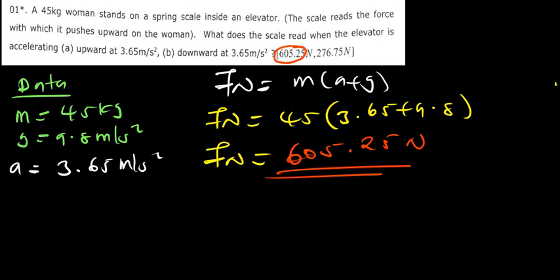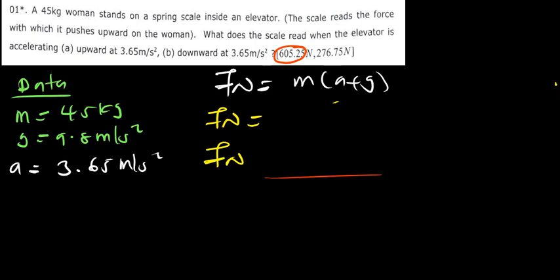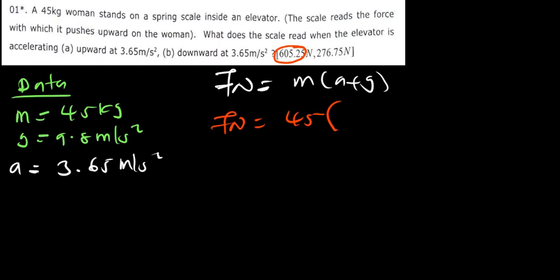Then now part B is saying, what does the scale read when the elevator is accelerating downward? What would be the value of acceleration? Is it positive or negative? The mass is 45. Since it is coming down, the acceleration will be negative. Negative 3.65 plus 9.8. So what will be the answer?